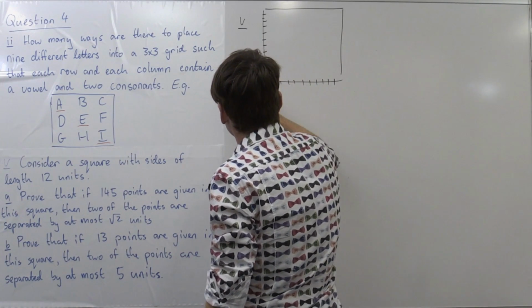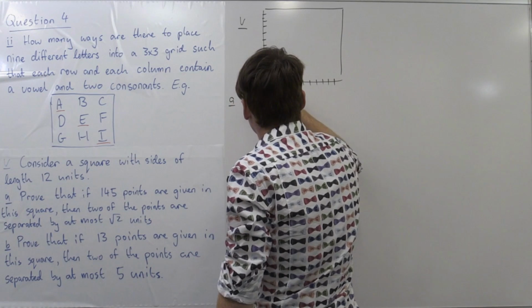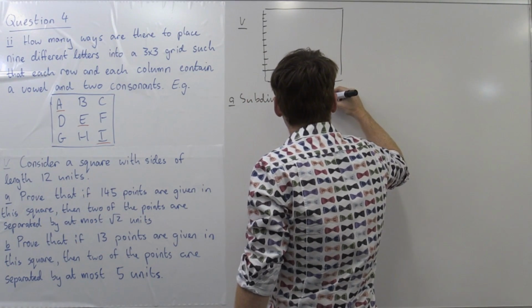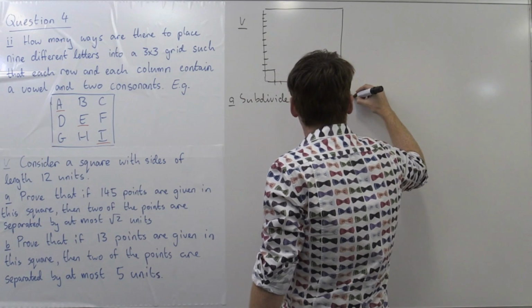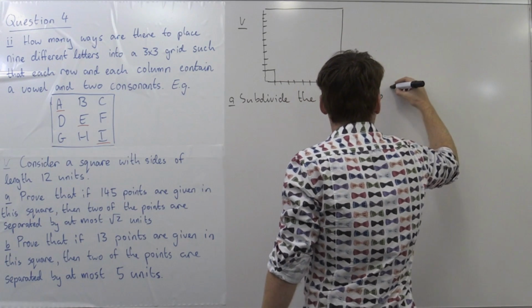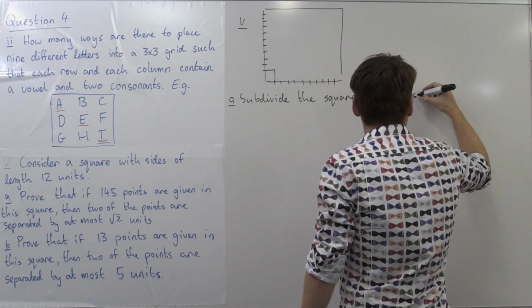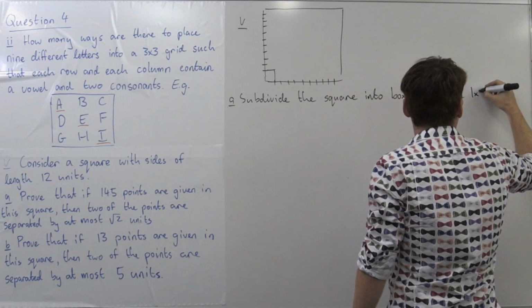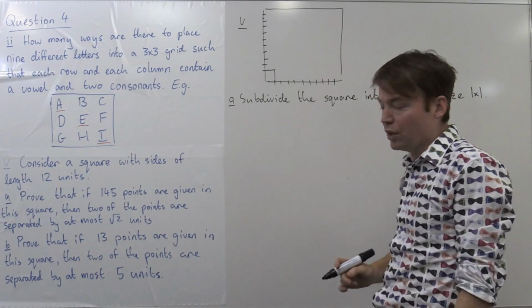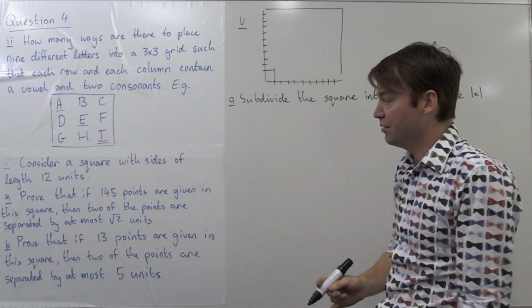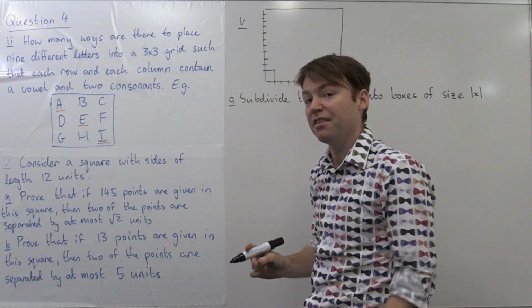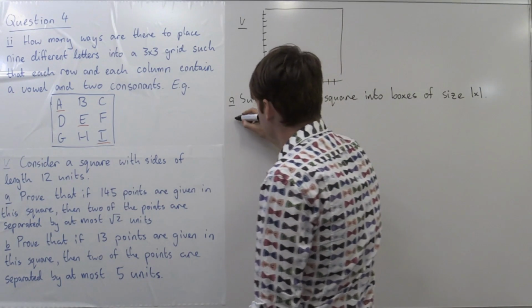So this is part A. Good. There are 144 such boxes, and I have 145 points or pigeons.